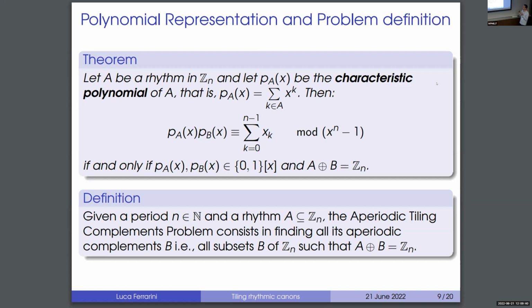The main problem with this characterization is that the aperiodic tiling complements problem consists in finding all the possible aperiodic complements B. This problem has not a single solution, but many solutions, such that we can cover all the cyclic group Zn.